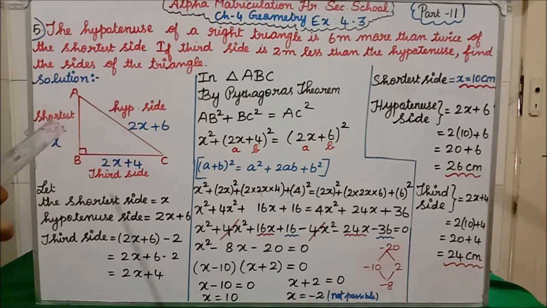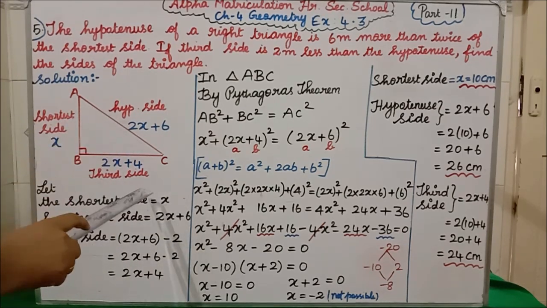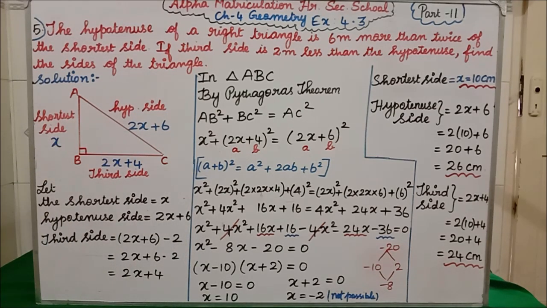We all know the side opposite to 90 degrees is the hypotenuse. I am taking this side as the shortest side. It is not always compulsory that you take this side alone as the shortest side; you can take this side also as the shortest side and this side as the third side. Clear?